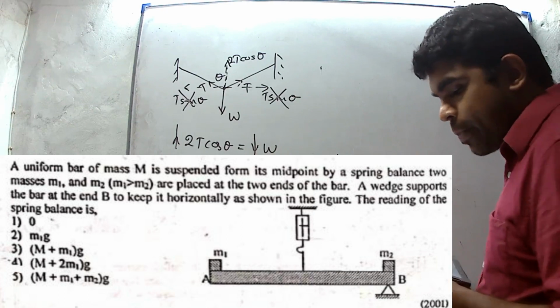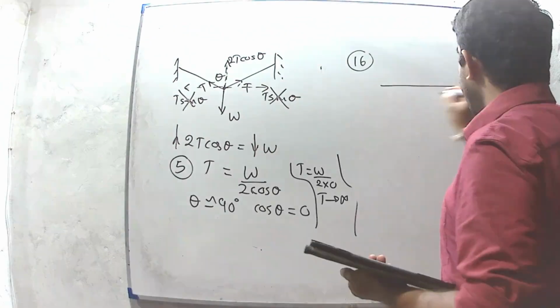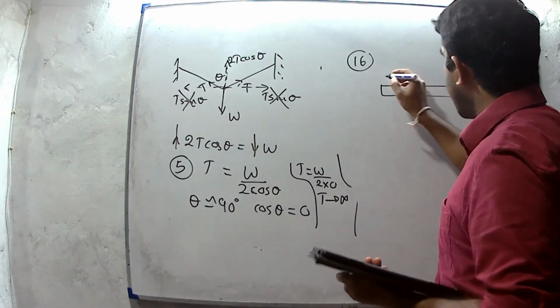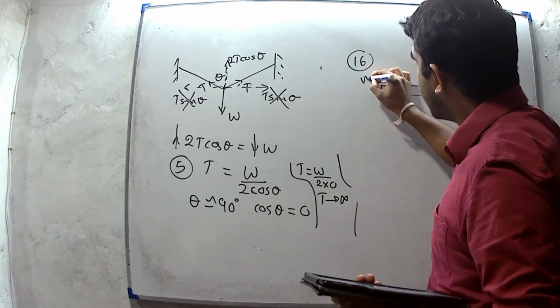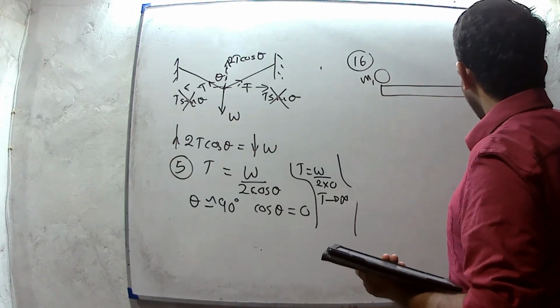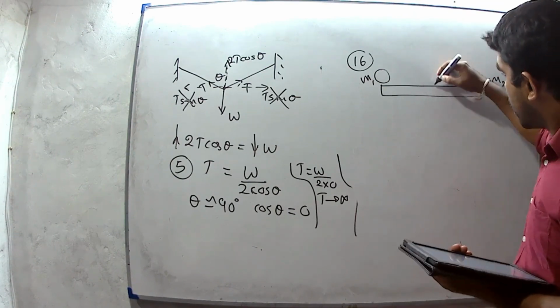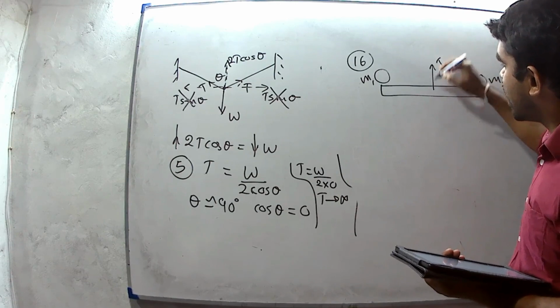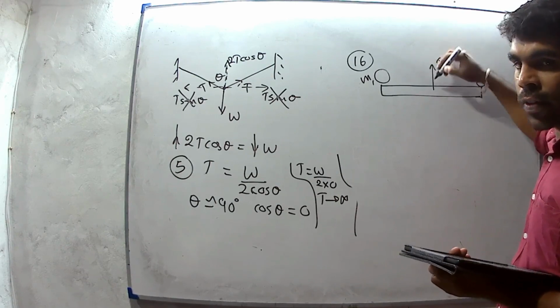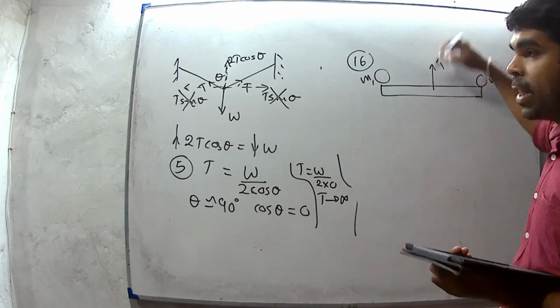The reading of the spring balance is. They have given that M1 is greater than M2. We have to get the tension. Tension means the reading of the spring balance at this place.